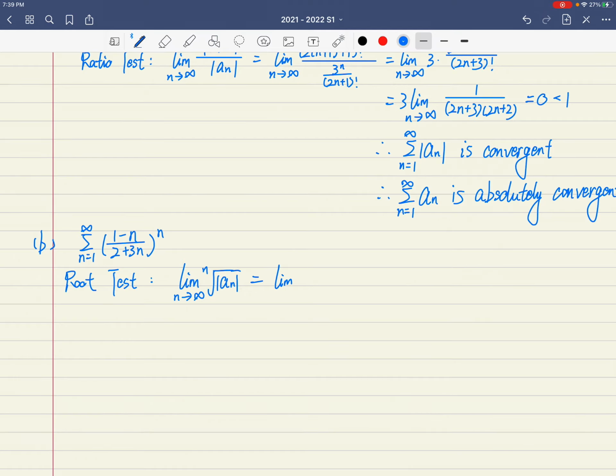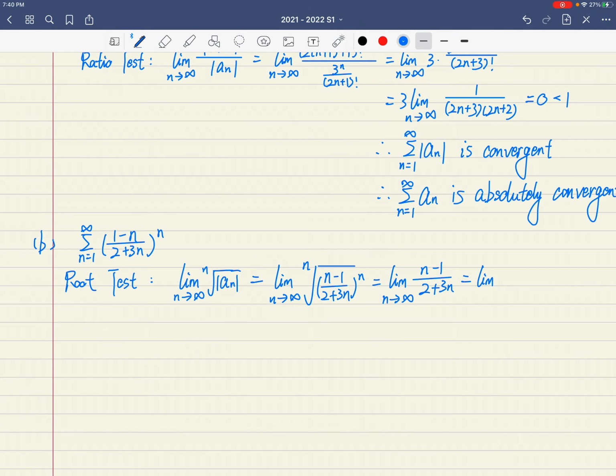It is the limit as n approaches infinity of the nth root of the absolute value. As n is greater than 1, this 1 minus n is smaller than 0. So if I take the absolute value, the top will be n minus 1 and the bottom is 2 plus 3n. So it will be n minus 1 over 2 plus 3n, to the power of n. Then it will be the limit of n minus 1 over 2 plus 3n.